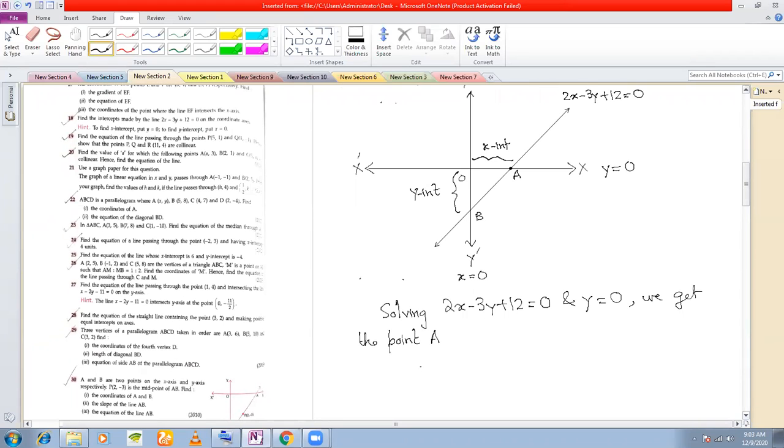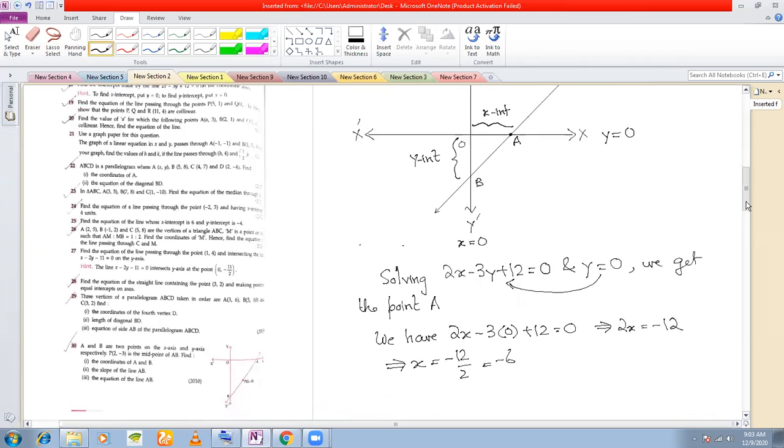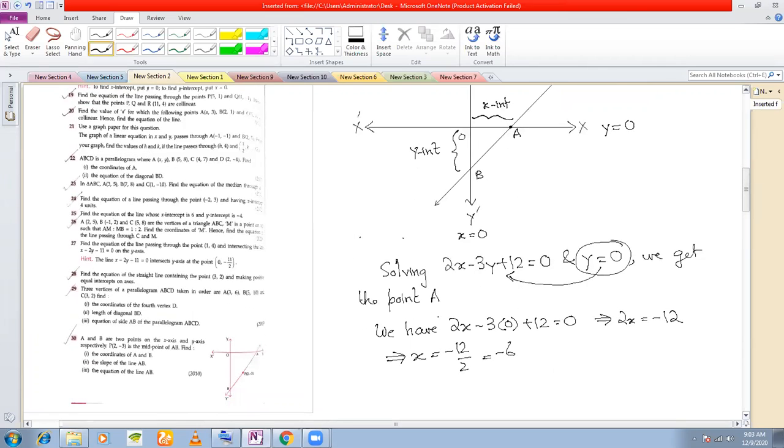How to solve? Put y is equal to 0 in this. So we have 2x minus 3 into 0 plus 12 is equal to 0. That means 2x is equal to minus 12, so x is equal to minus 12 by 2. That means you're getting the x coordinate as minus 6. What is the y coordinate? The y coordinate will be 0 because y is equal to 0, as the point is on the x-axis.